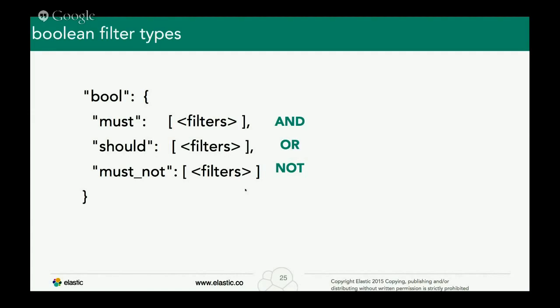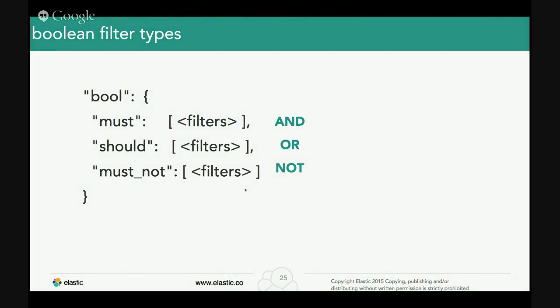Should clause is an or, and of course must not is not. And this allows you to create fantastically complex and rich requirements in how to extract a piece of data set out. And bools can be composed, so you can have a bool within a bool. So there's no end to the complexity you can get together.